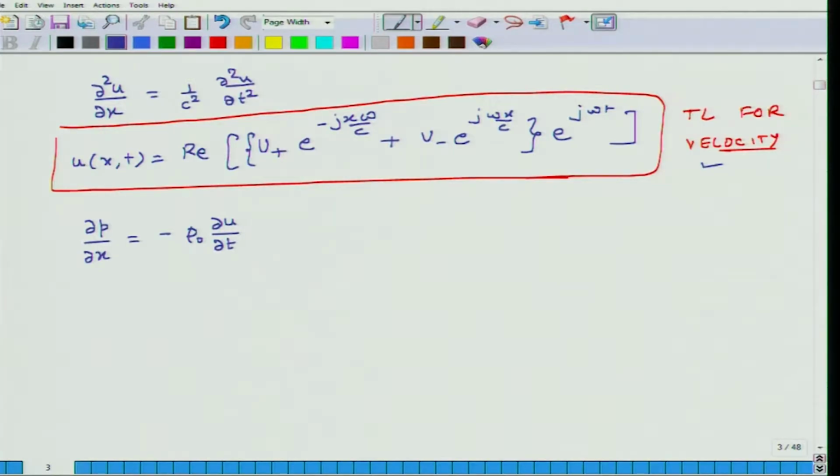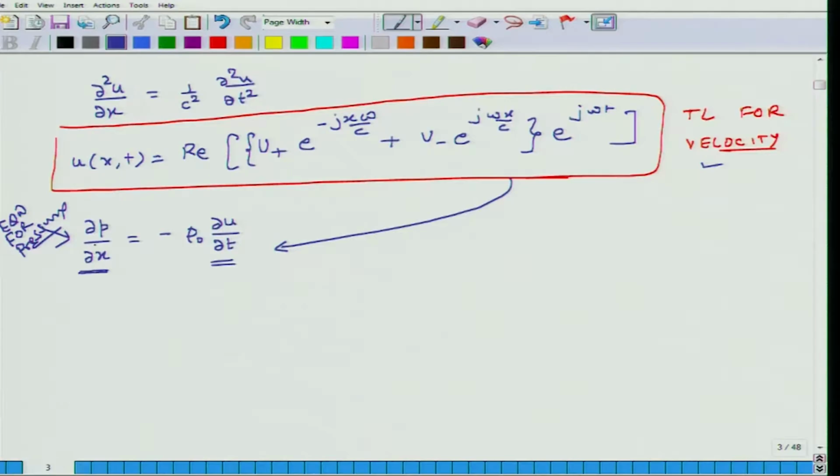I am going to plug in the solution for pressure on the left hand side, and the equation for velocity on the right. Using that, I will get a set of relationships between P plus, P minus, U plus and U minus, and then we will see what those relations tell us.